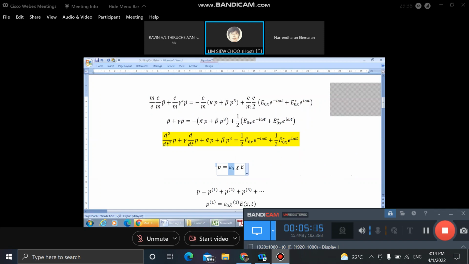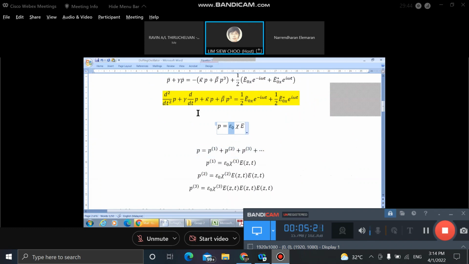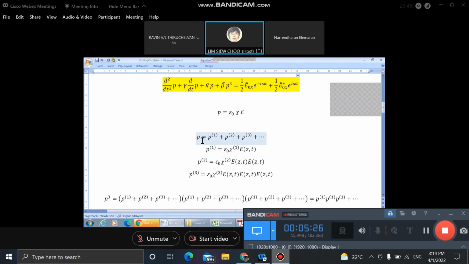So we follow the article. Because of the third order terms here, our P we let expand until third order terms. The higher order terms we don't consider. So our P1 is epsilon naught chi1 E. P2 is epsilon naught chi2 EE.